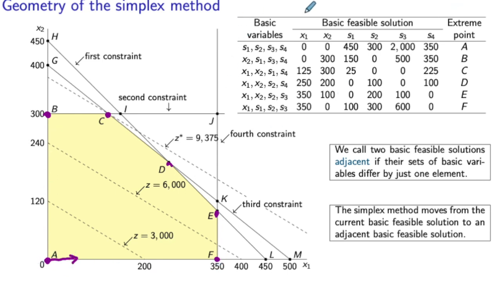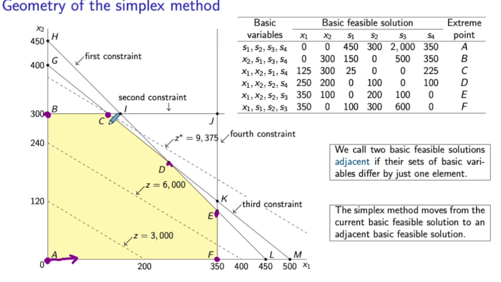This table here shows the correspondence between the basic feasible solutions for our LP and the extreme points of the feasible region. This column lists the basic variables, but in fact it would be easier to define the corresponding extreme point by non-basic variables, because we know that setting two non-basic variables to 0 corresponds to determining the two lines that are going to intersect at our points.